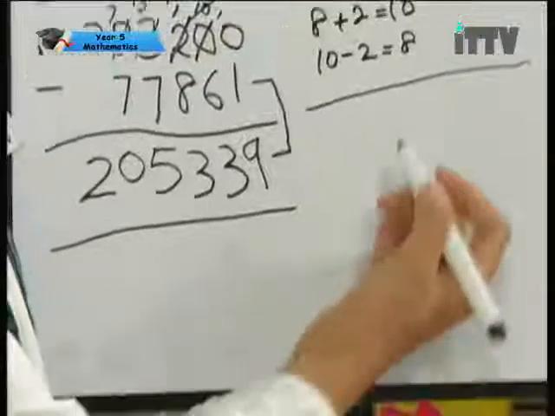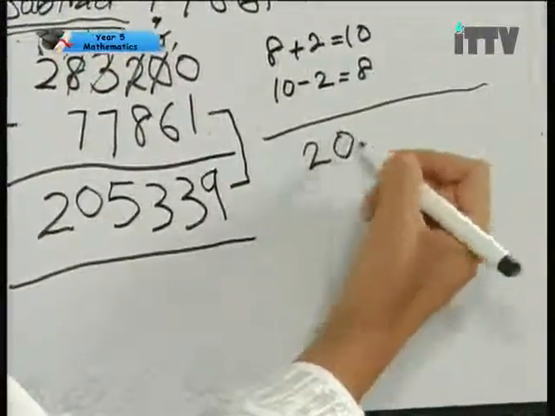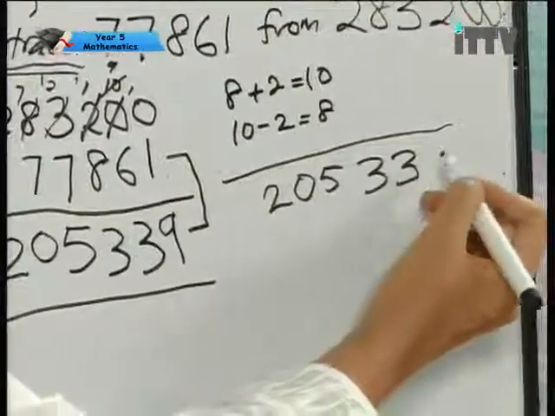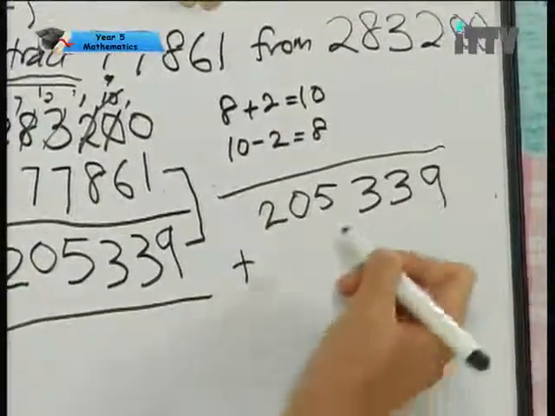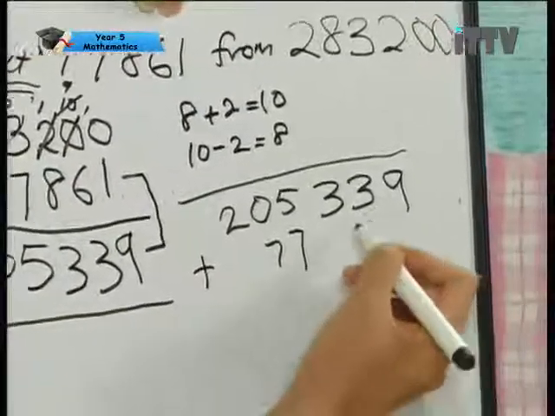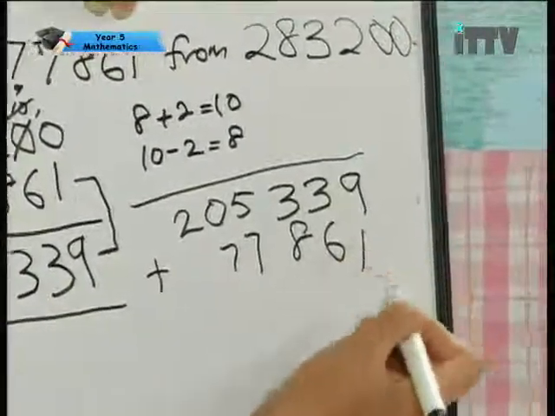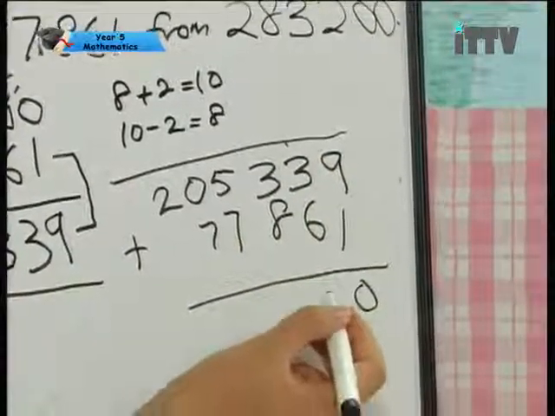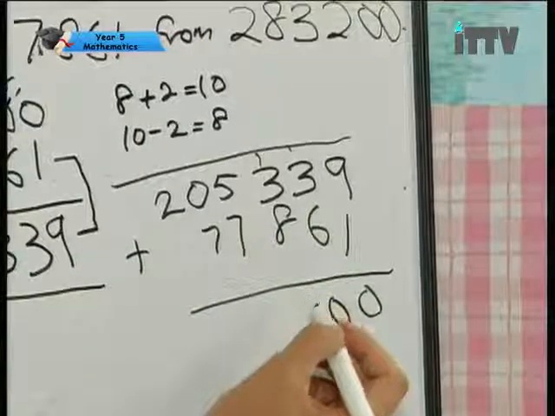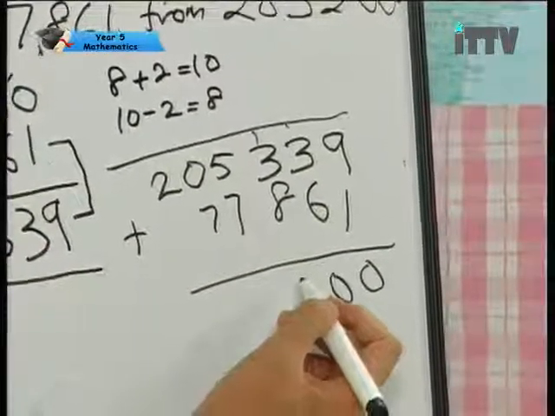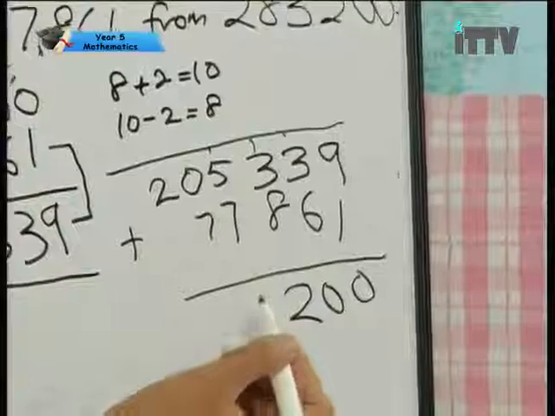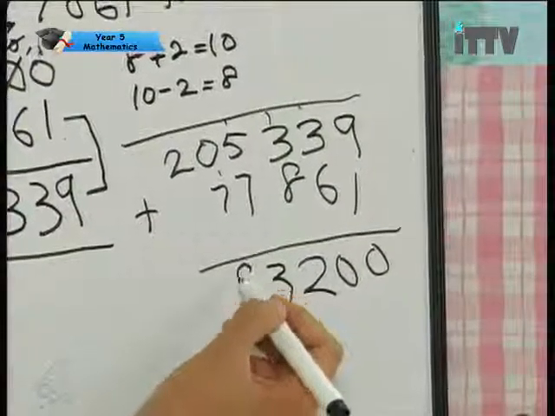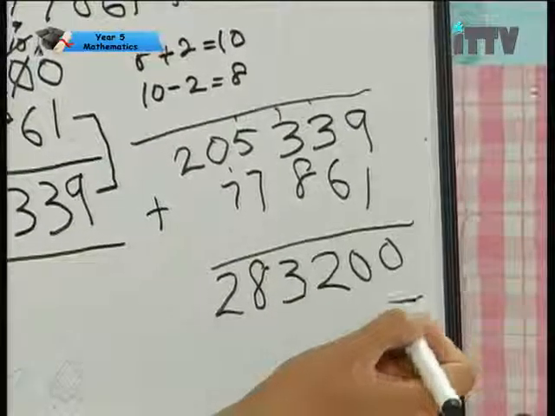Let's try. So I'll copy down 205,339 plus 77,861. 10, 1, 10 again, 1, that's 12, 1, that's 13, 1, 8, 2.